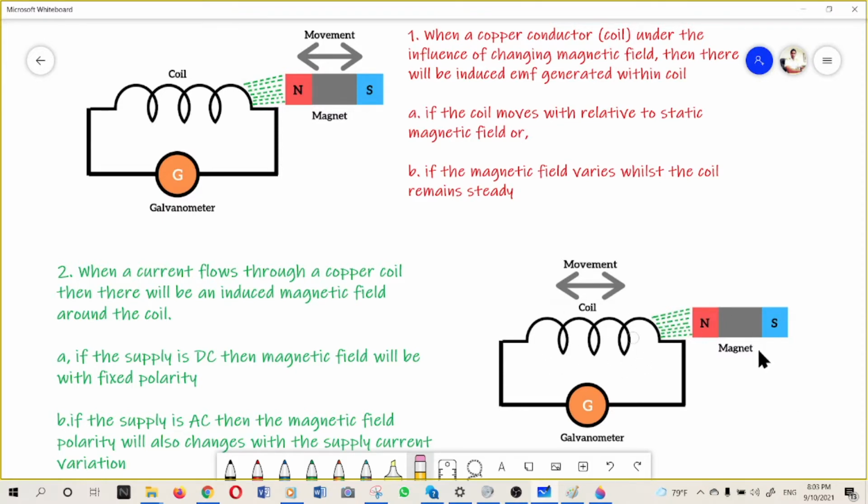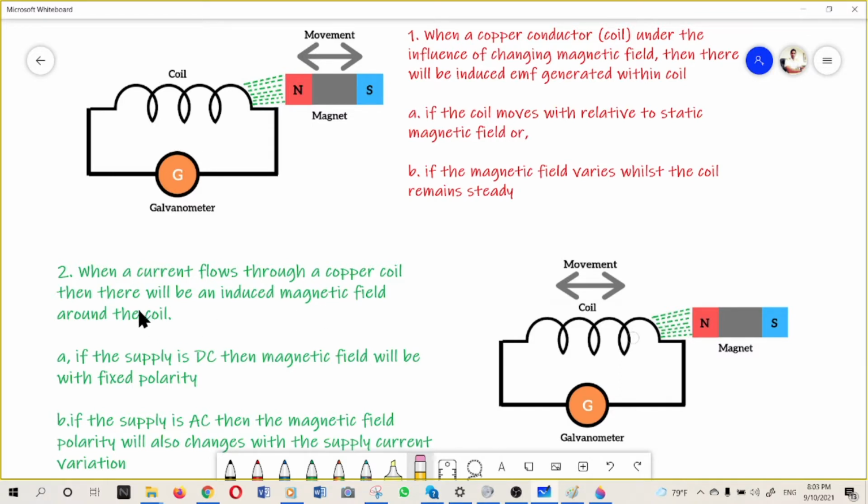As per this figure, if the coil moves while the magnet is stationary, there will be an induced EMF within this coil. If the magnetic field varies whilst the coil remains steady, that is, if you move the magnet, then there will be an induced EMF also.